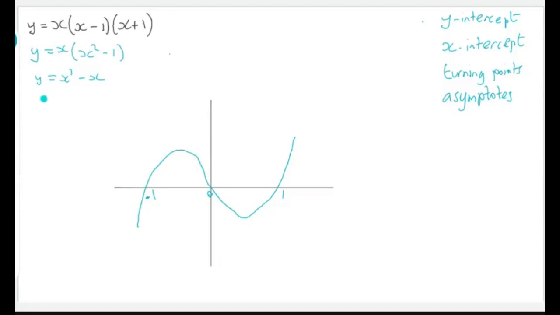And then therefore dy/dx equals 3x squared minus 1.